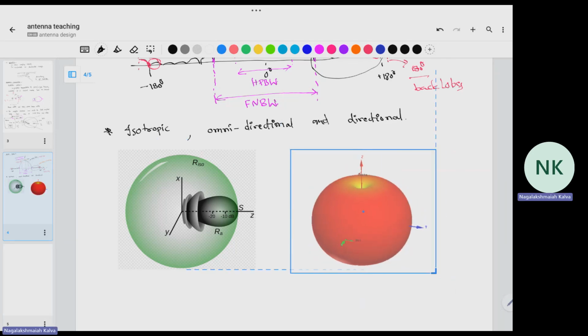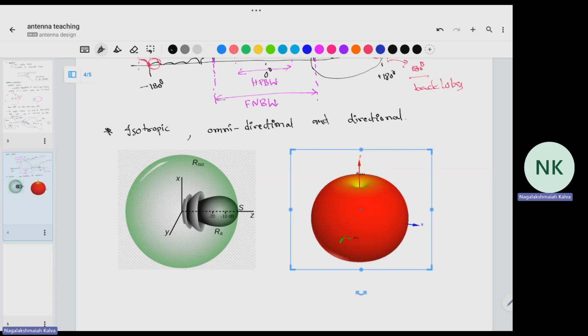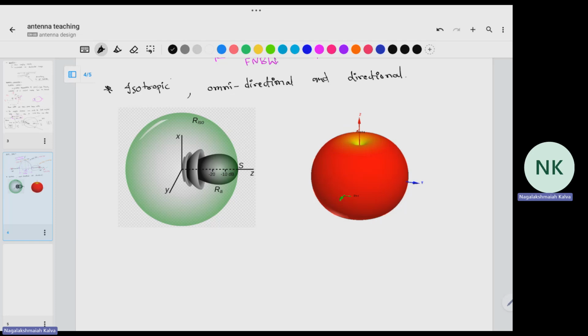So here we'll get all the radiation patterns in one single click. So here, isotropic, meaning to say the intensity is spread over all directions with equal intensity.